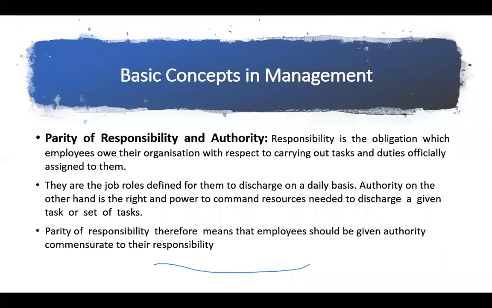If your job role tomorrow is to be in a new location and do a particular work, you should be provided with commensurate authority, commensurate resources that will make you discharge this responsibility effectively and efficiently.